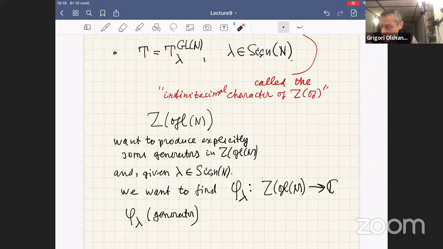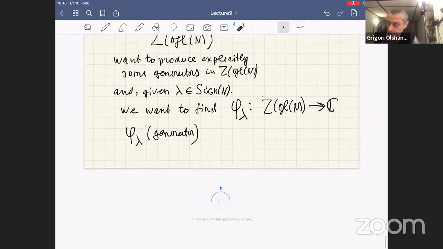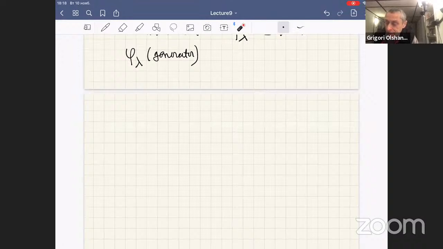It turns out that for this problem, the generators which are given by the symmetrization map are not convenient. It's difficult to compute the image under the infinitesimal character. But it turns out that some miracle happens. We can just imitate the same construction.